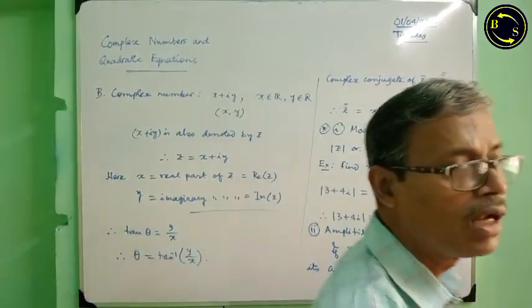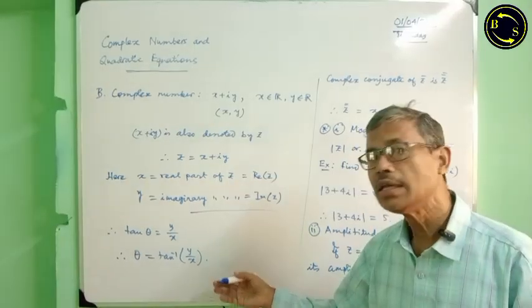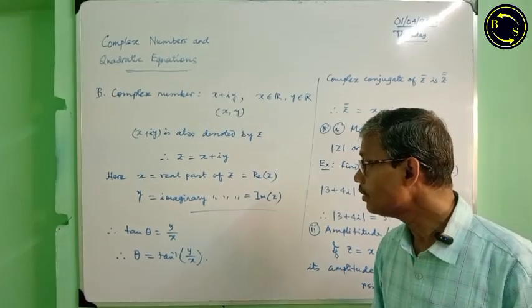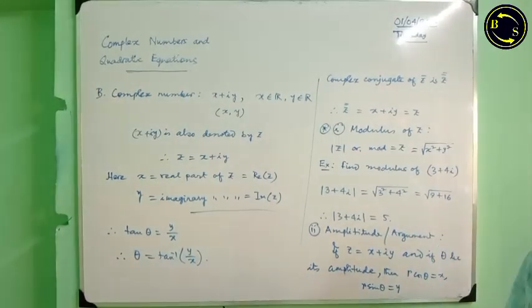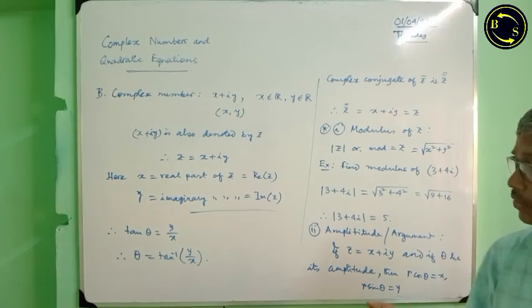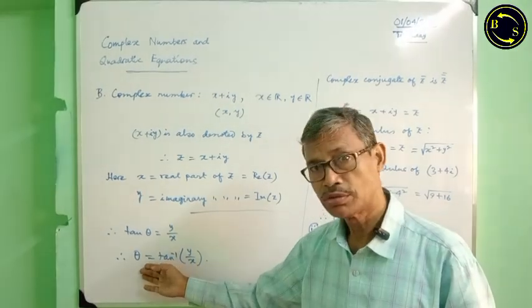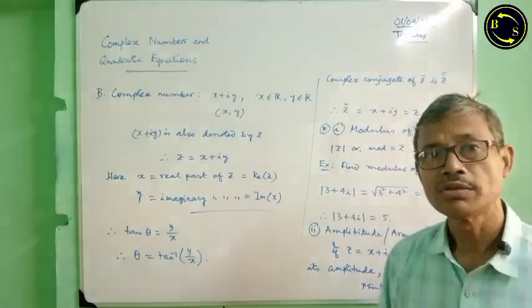Actually, if we know the actual values of x and y, then we can determine the position of the complex number on the Argand plane or z plane. Accordingly, we shall find theta, the amplitude. This matter will be discussed in the next episode. Thank you.